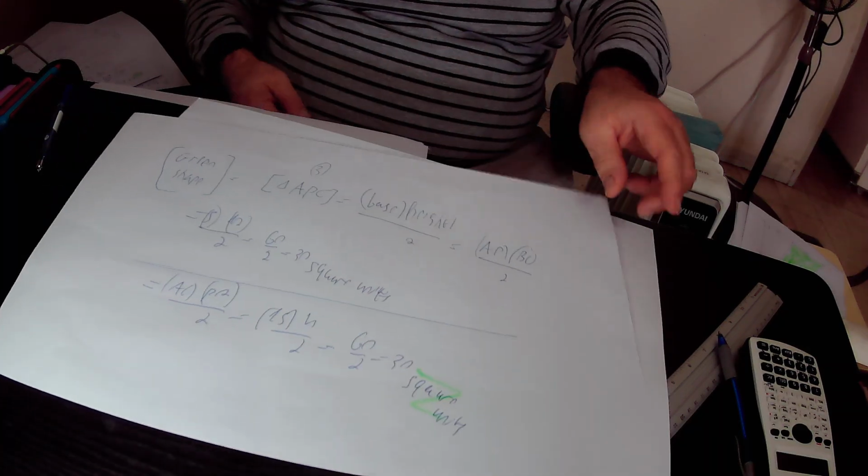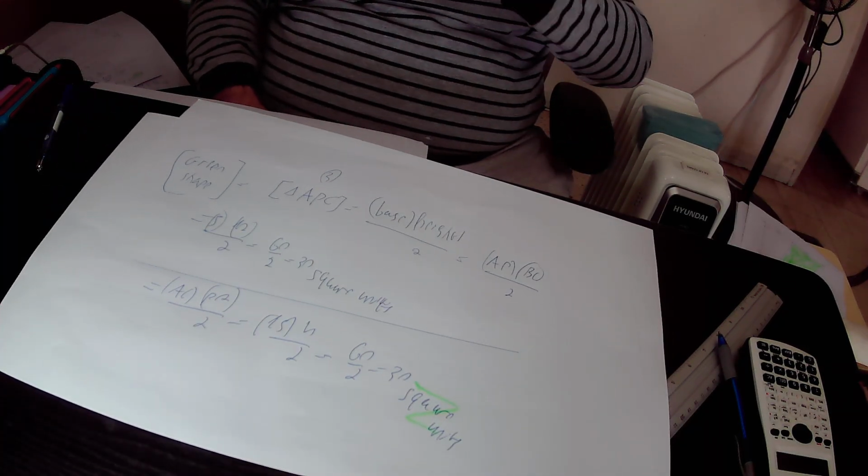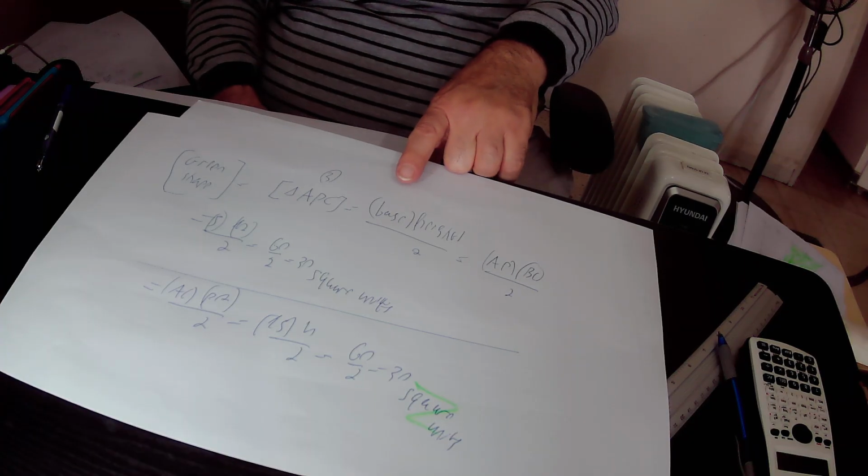And again, the area of the green shape equals the area of the green triangle ABC. The area equals the base times the height over 2.